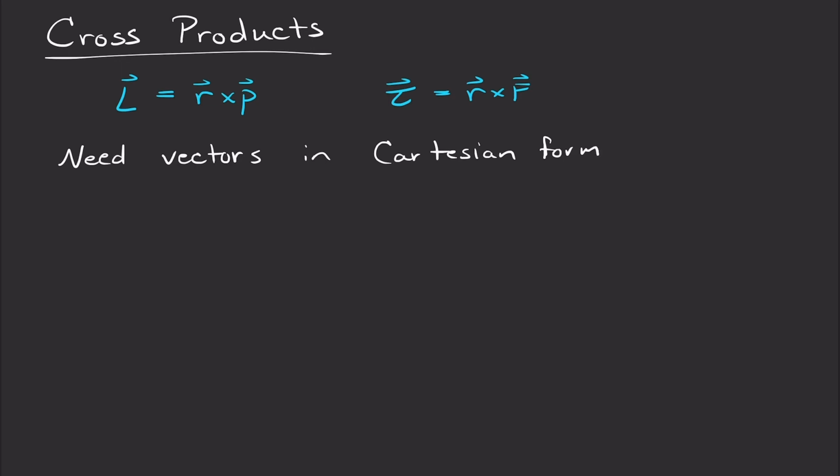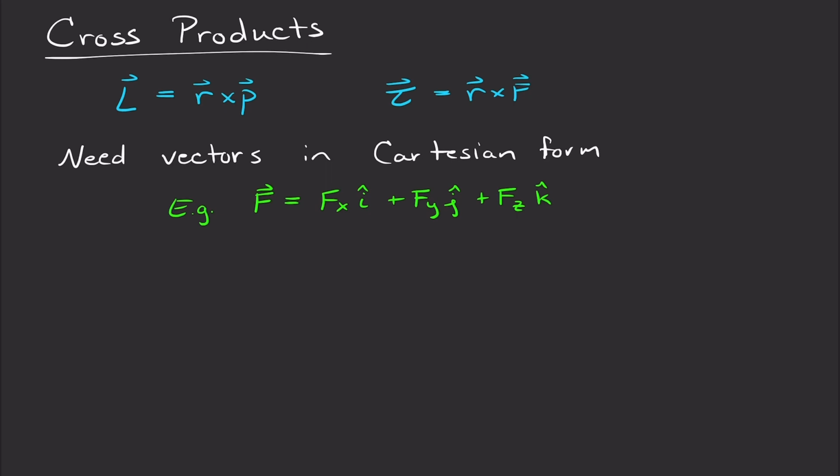Cartesian form just means we need them written in the form, for example, a force vector would need to be Fx times the unit vector i hat plus Fy times j hat plus Fz times k hat.